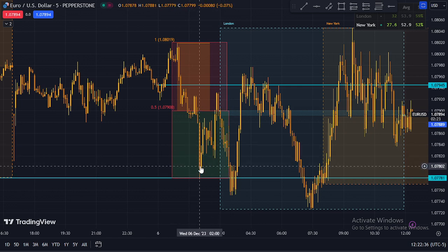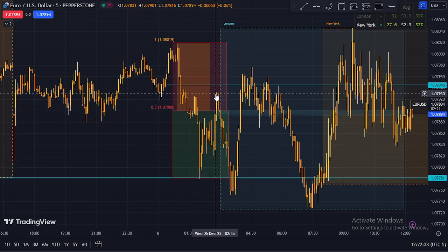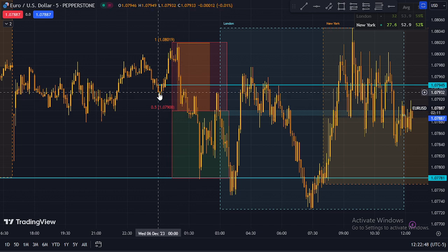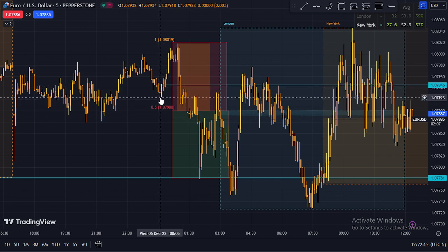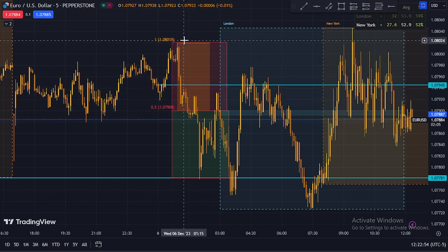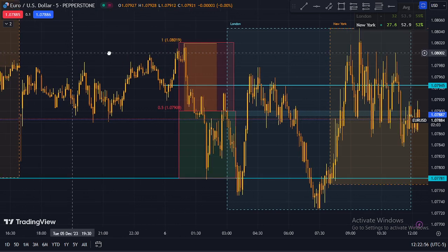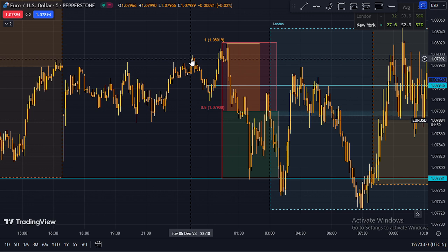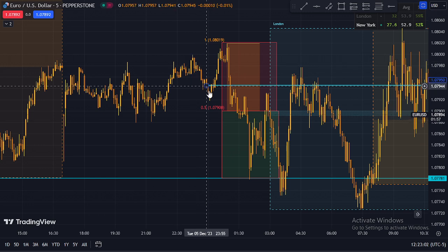So when price was going up, there are two things that were happening. It was going to a premium, it took out this high, and then we had this breaker: low, high, low, higher high.